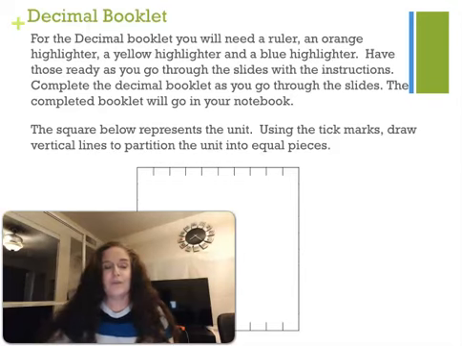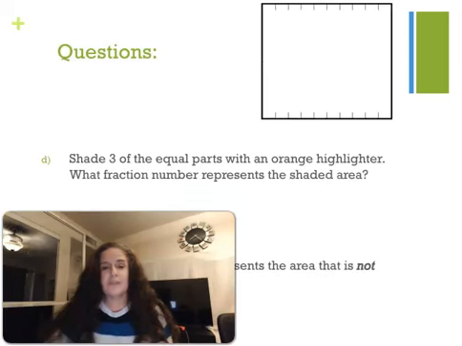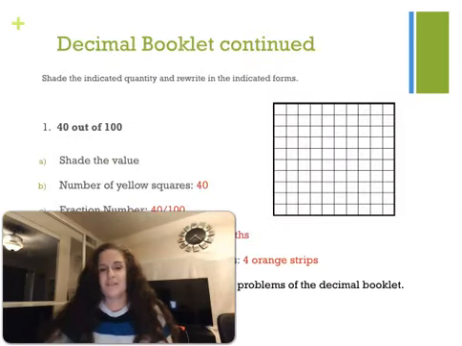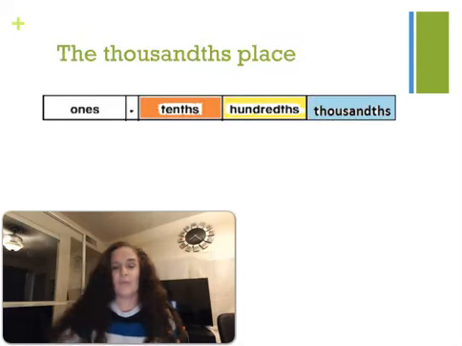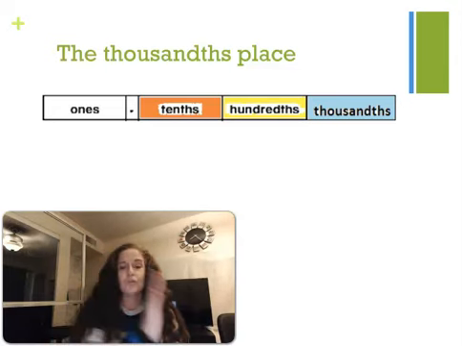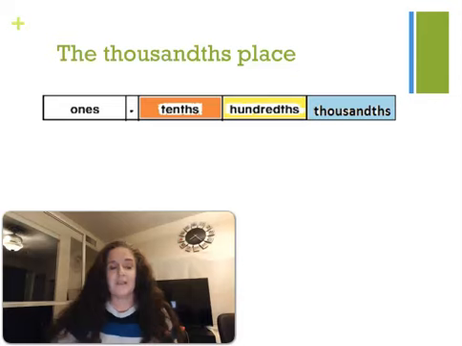You'll see what each color represents and you'll make sense of the place values. That will really help you understand. Later when you're testing or when you're thinking about it, you'll connect those colors with the place value, which can help with rounding and all of those things. So you'll be going through that decimal booklet.